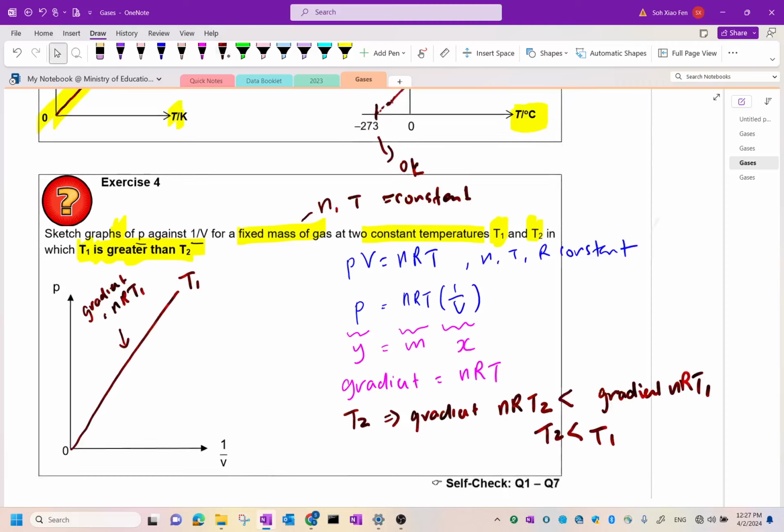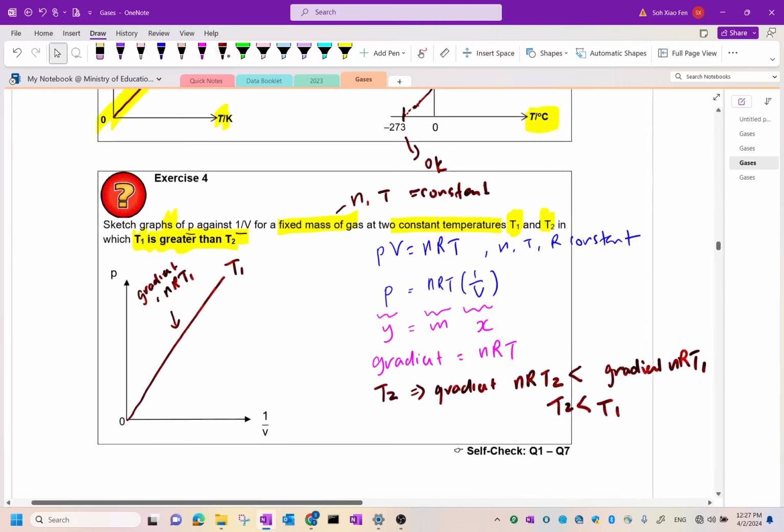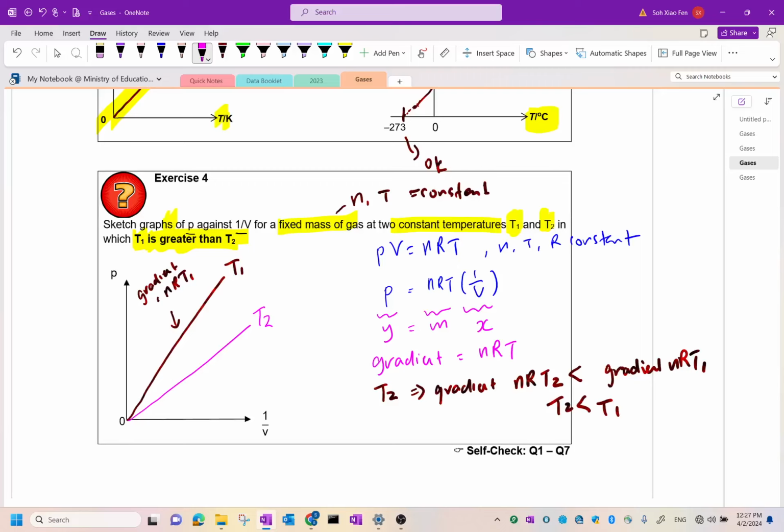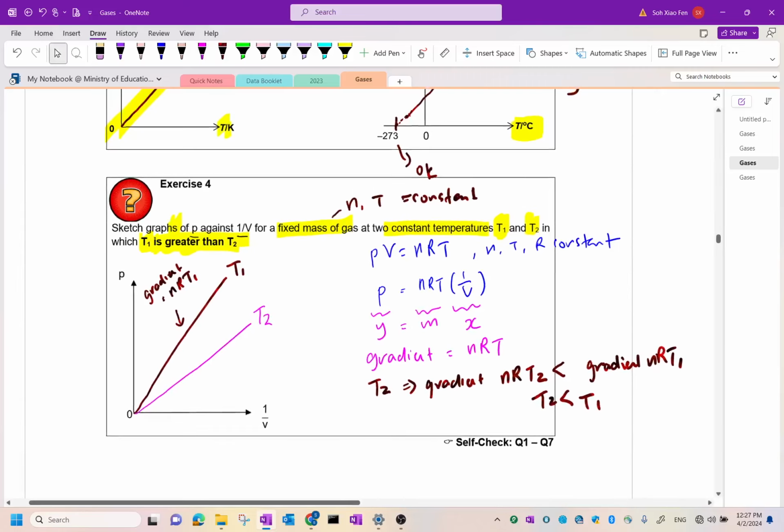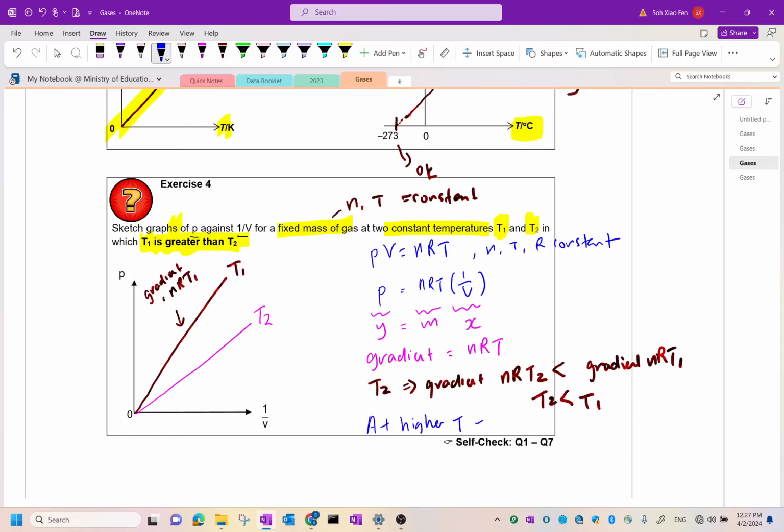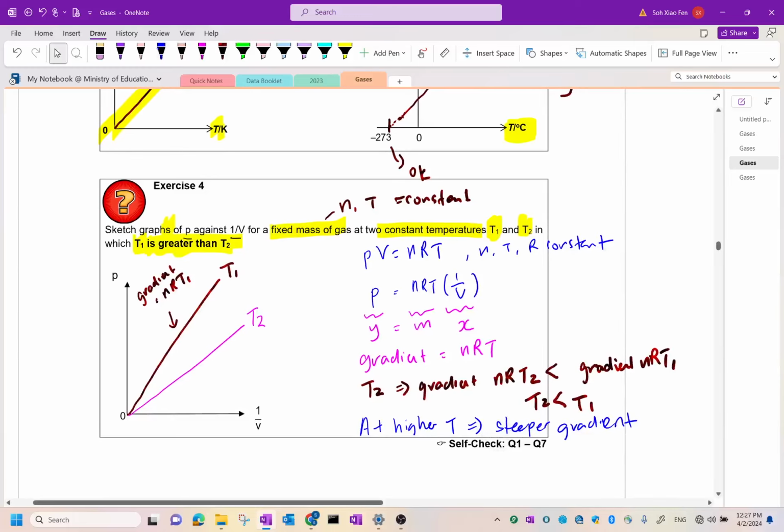Agree? So for T2, I expect another straight line that passes through the origin, but of a smaller gradient. In other words, at higher T, it means steeper gradient. Okay, so that will be how you answer this question for exercise 4.